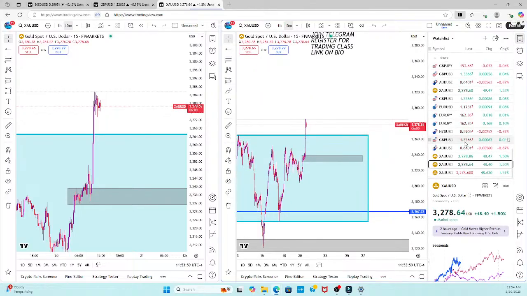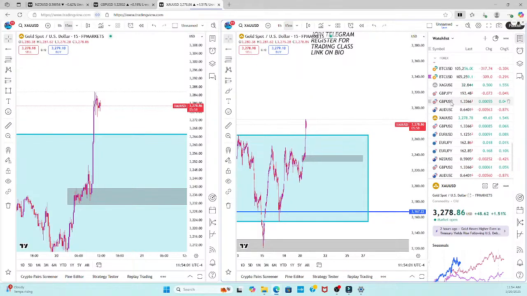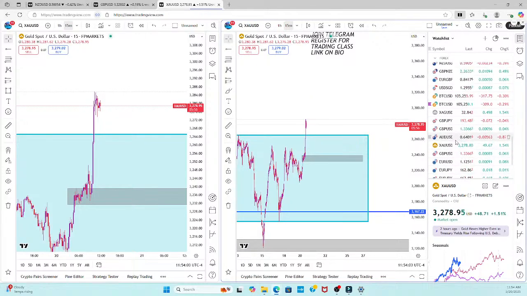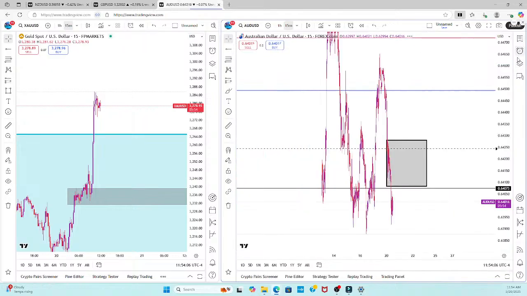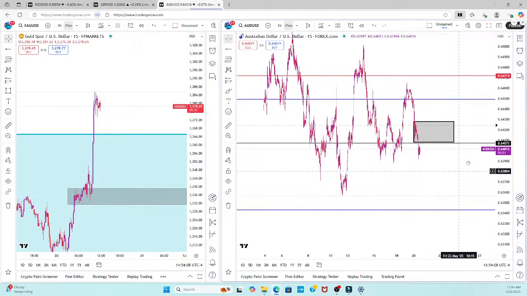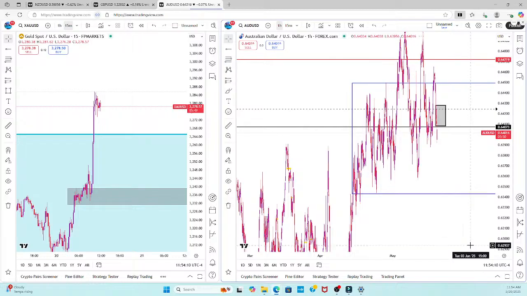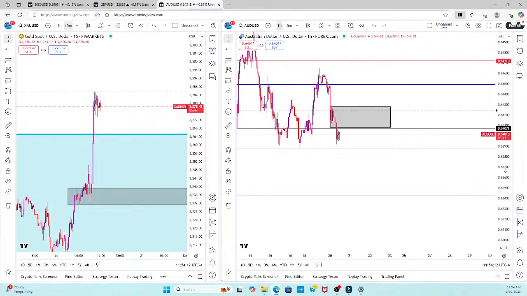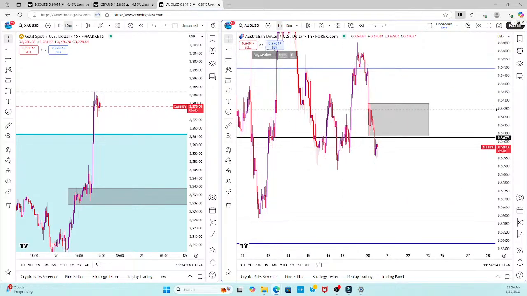And then what else did we analyze? We also analyzed AUD USD, which, like I said, is a short. Where you want to short AUD USD is around 64.24, 64.28.